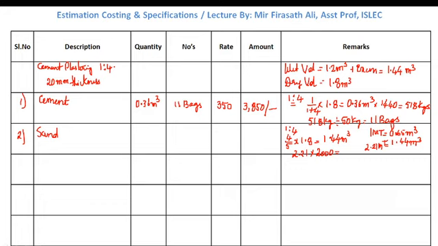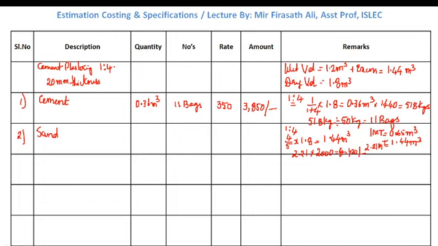The rate of sand is 2000 rupees per metric ton. So for 2.21 metric ton, 4,420 rupees. So we will write it over here.